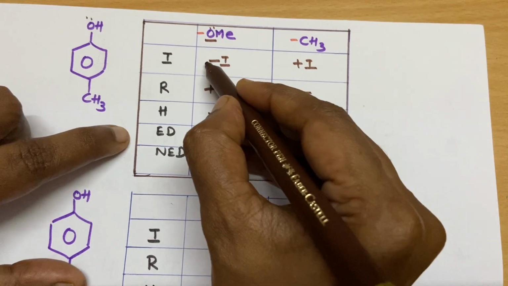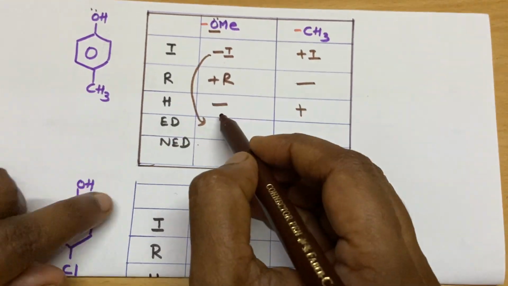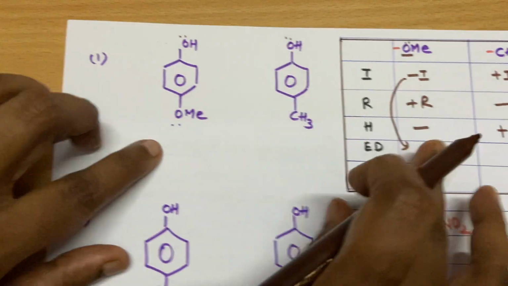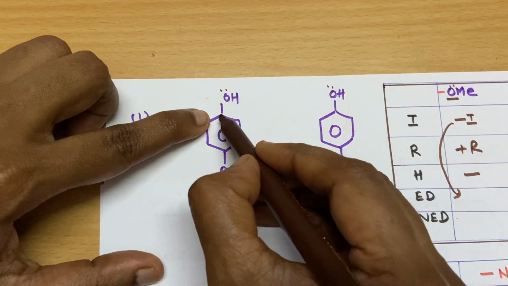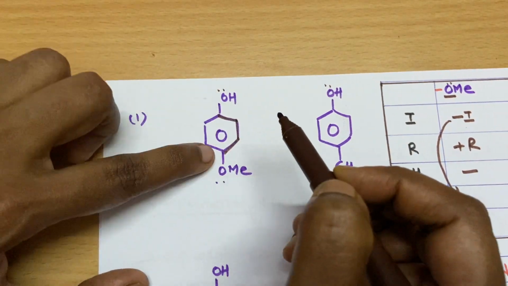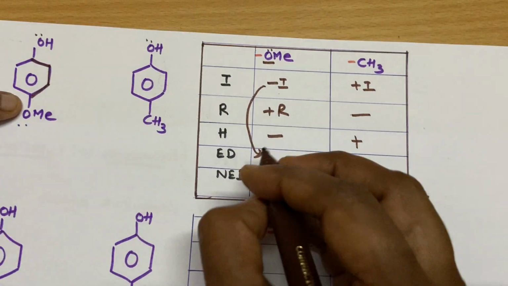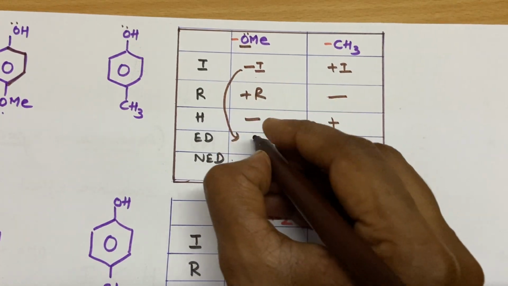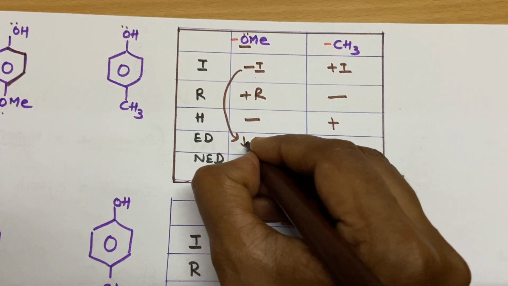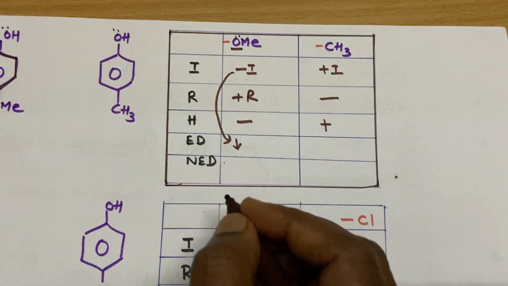Due to minus I effect, it is 3 bond distance away, and the inductive effect decreases with distance. So the electron density is going to decrease only a very little in magnitude.